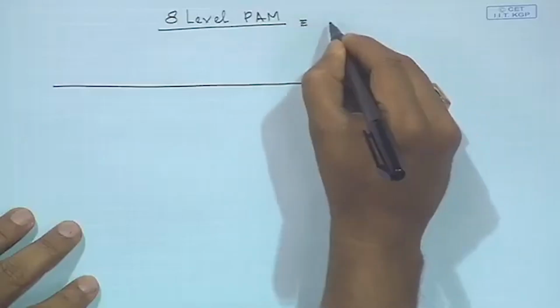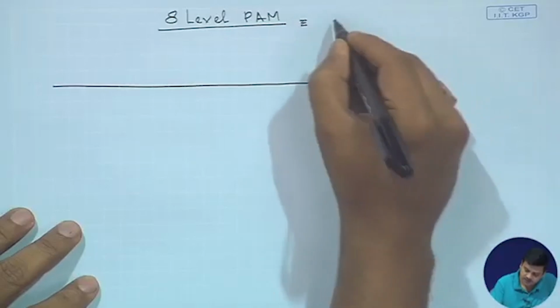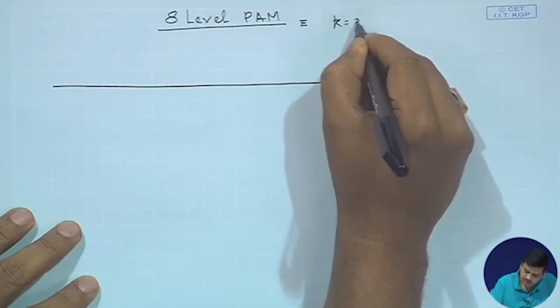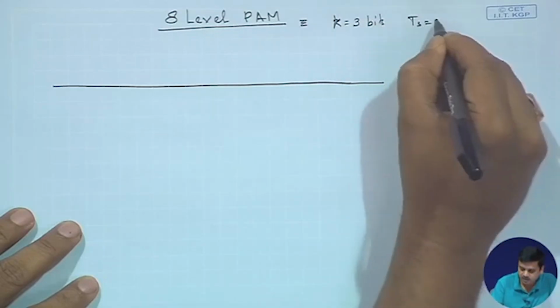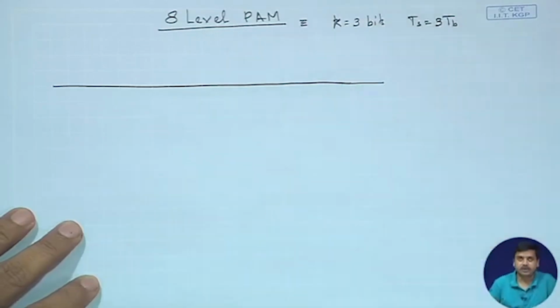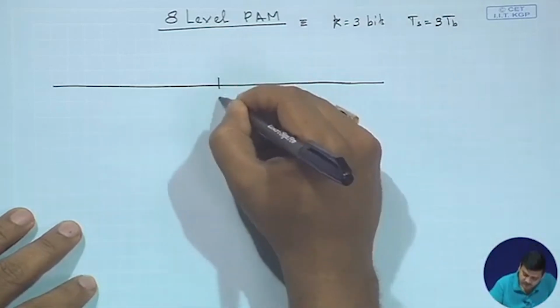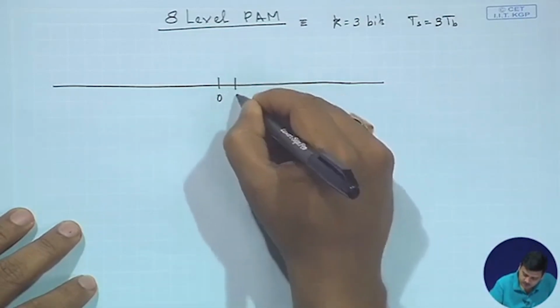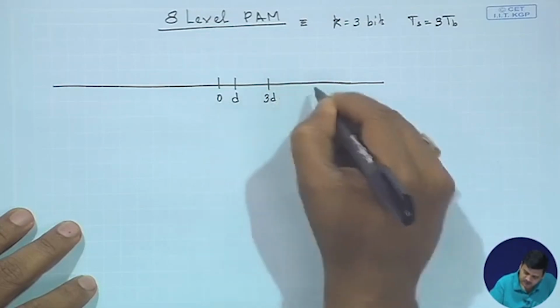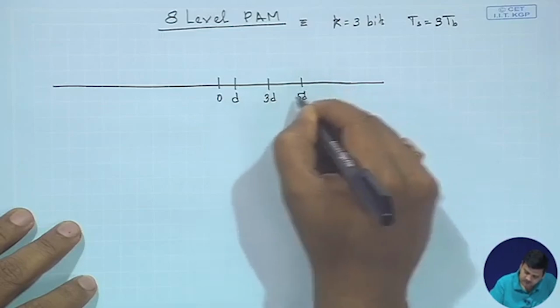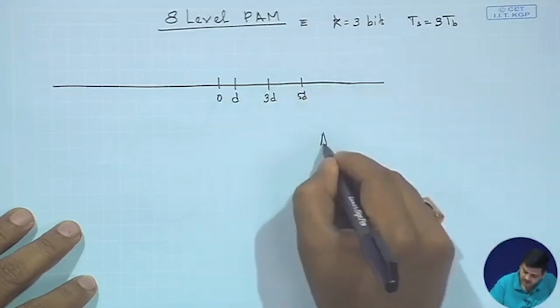So, moving on to 8 level PAM, this simply implies that you have 8 amplitude levels, that means k is equal to 3 bits. That means Ts, the symbol duration, is 3 times Tb. So, if there is a 0 and this is D, you have 3D, you are going to have 5D. You can do these calculations of finding AM, right.